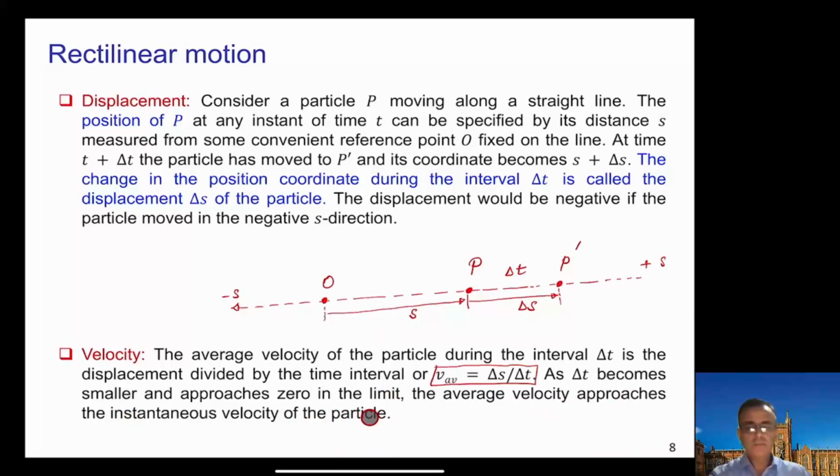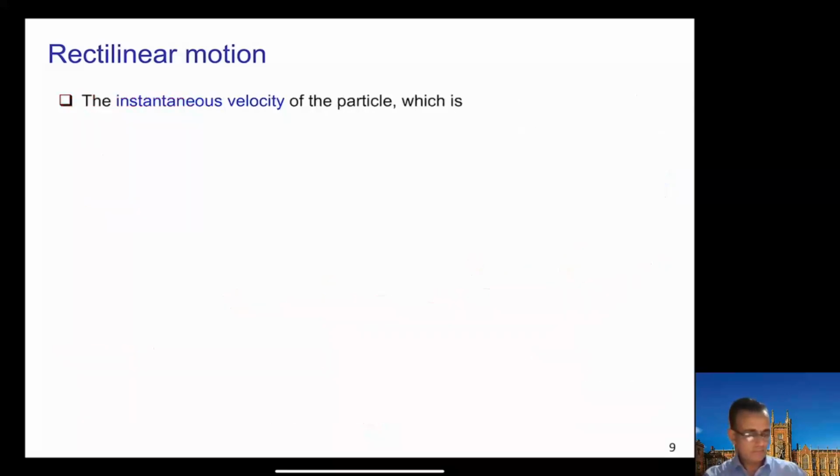So we can define the instantaneous velocity: it is delta S divided by delta t, which was the average velocity, and when delta t approaches zero, we write the limit, and this is what we call the instantaneous velocity.